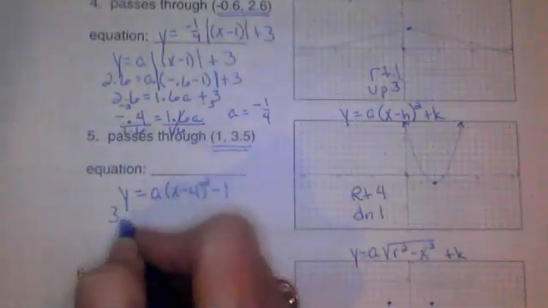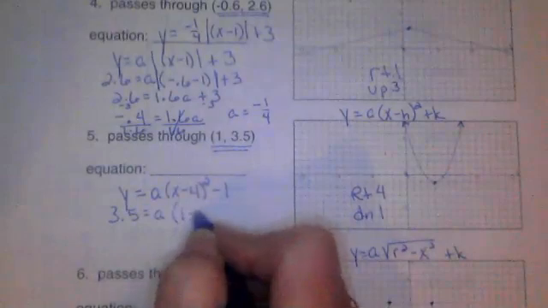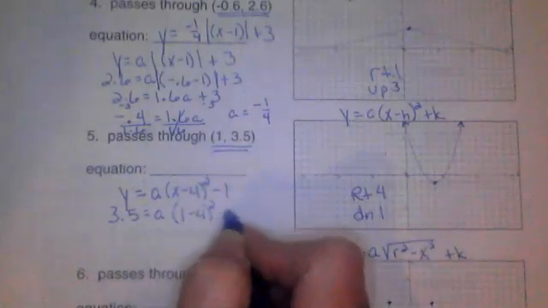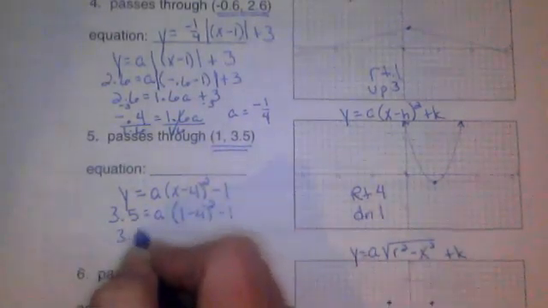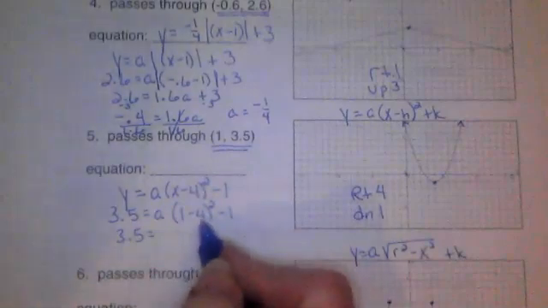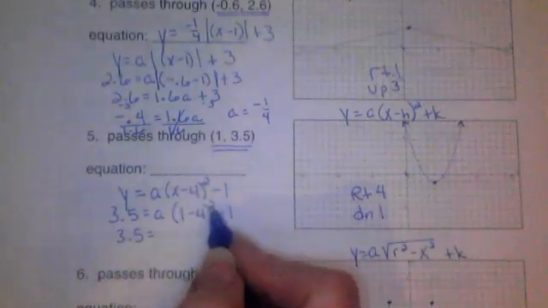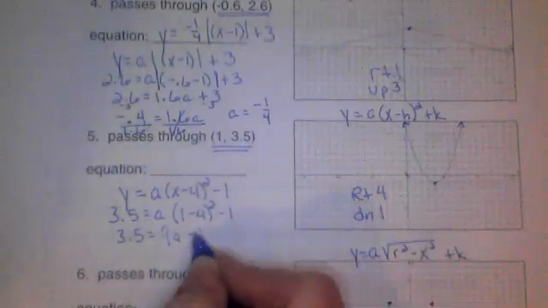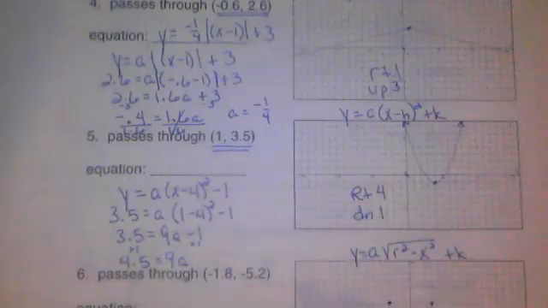So we have 3.5 equals a times 1 minus 4 squared minus 1. 3.5 equals 1 minus 4 would be negative 3. Negative 3 squared would be 9. So 9a minus 1. Add 1 to both sides. So when I add 1, I'm going to get 4.5 equals 9a.